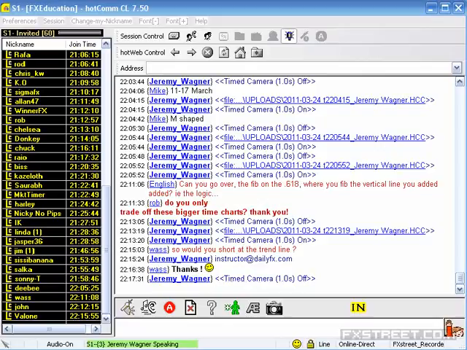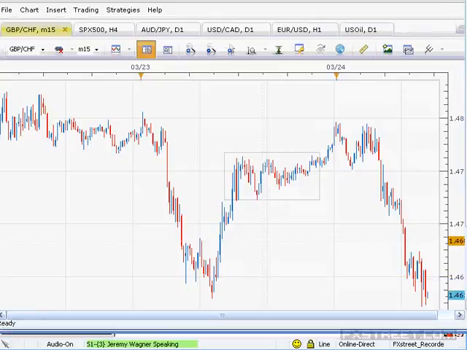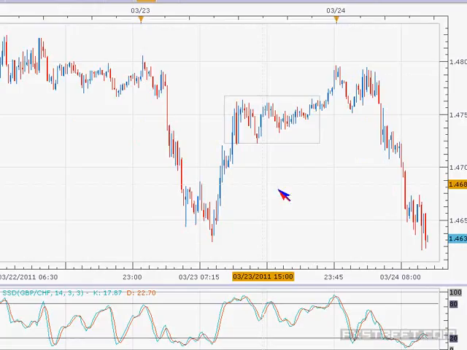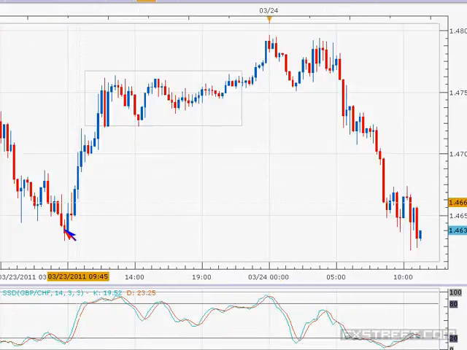Since we were talking about smaller time frame charts, I did have one I was going to show you. This was a triangle here. I think it was on the pound Swiss 15-minute chart, to show you that these can apply on shorter time frames as well. Yep. So this box right here is a triangle. The way that you trade it is once you get a strong move, prices tend to consolidate.